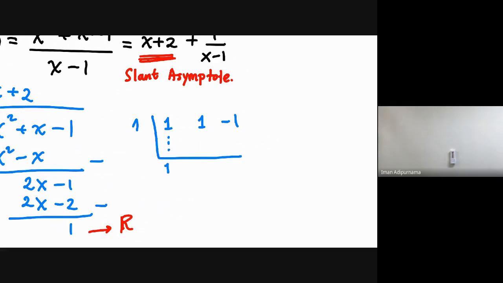So this becomes one, multiply here. So 1, and then 2, it's plus. And then 2, it's 1. Same results. This is the remainder. This is the x plus 2.